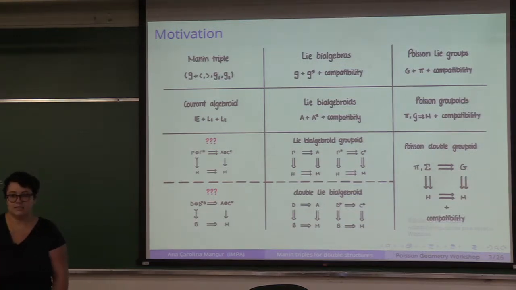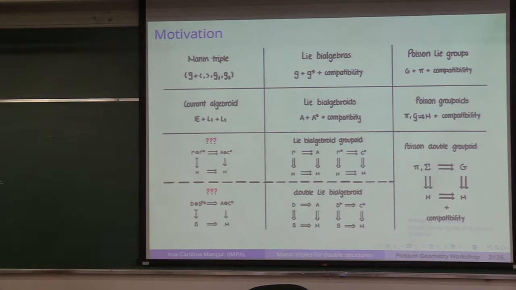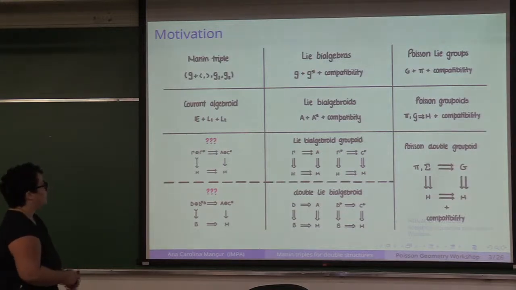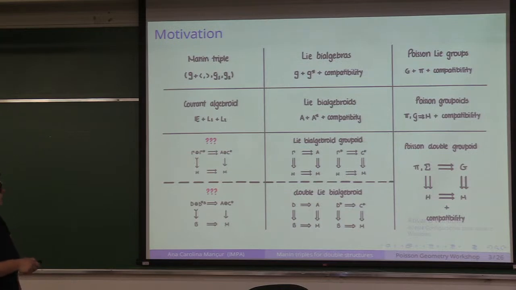So the guess is that this structure will be a CA groupoid, and this structure here will be an LA Courant algebroid. So we'll talk about that. I will talk first about this first line here. We prove this thing, and then we pass to this line here that is harder.